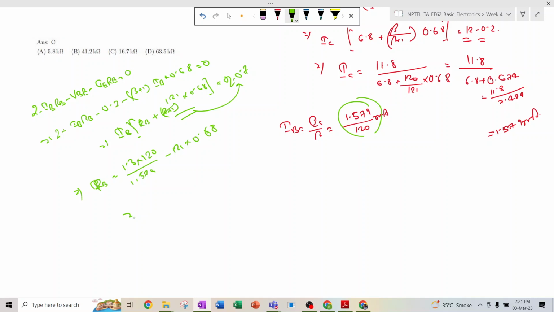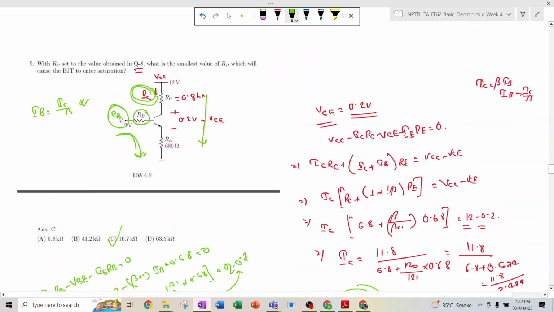I'm calculating, one second. 1.3 into 120 divided by 1.579 is 98.79 kilo ohm, minus 121 into 0.68, which is 82.28 kilo ohm, so it will come as 16.5 kilo ohm. So 16.7 kilo ohm will be the right answer.